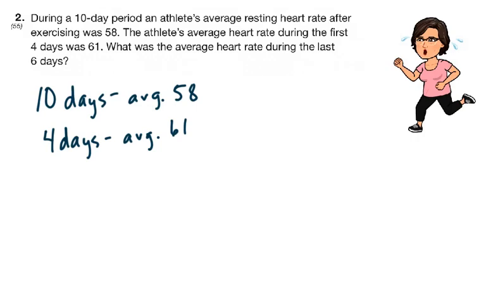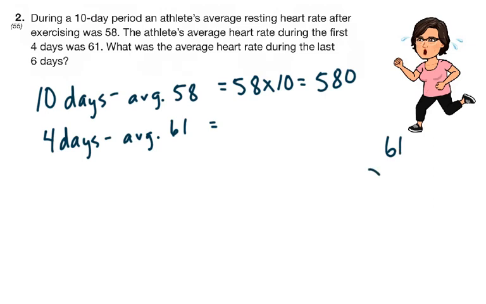So what we're going to do is first find out how many heartbeats the athlete's average resting heart rate was for 10 days. So we're going to do 58 times 10, which is going to give us 580. And then we're going to figure out how much it was in those first 4 days.